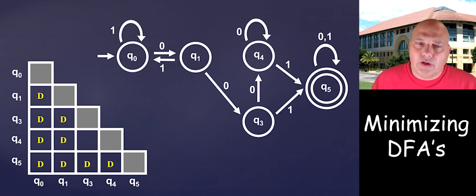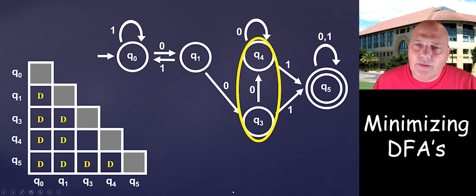And so we know that most vertices are equivalence classes on their own, but Q4 and Q3 are an equivalence class together, and we can merge them. And this gives us the automaton that is minimal.